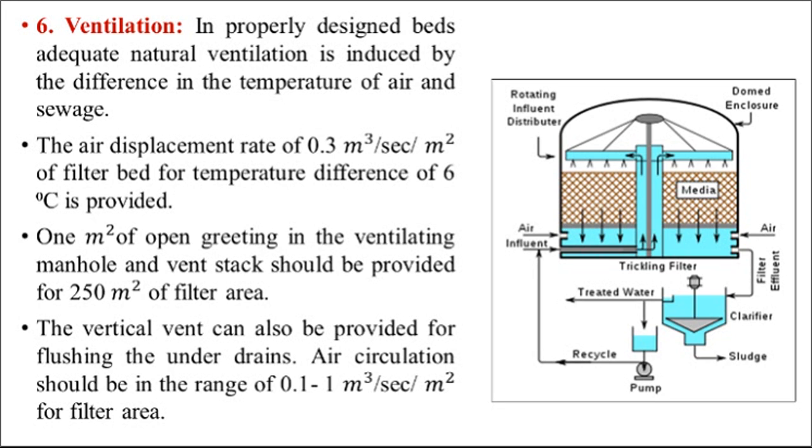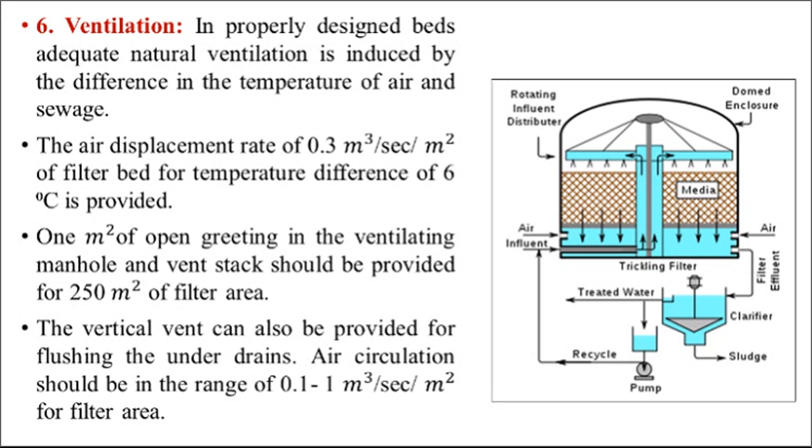In a properly designed bed, adequate natural ventilation is induced by the difference between the temperature of air and the temperature of the sewage. An air displacement rate of 0.3 cubic meter per minute per square meter of filter bed for a temperature difference of 6 degrees centigrade is provided.